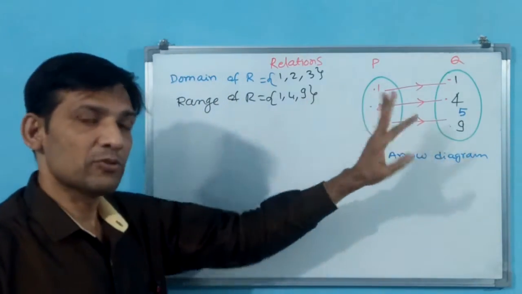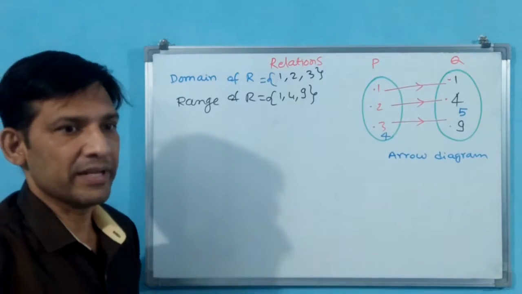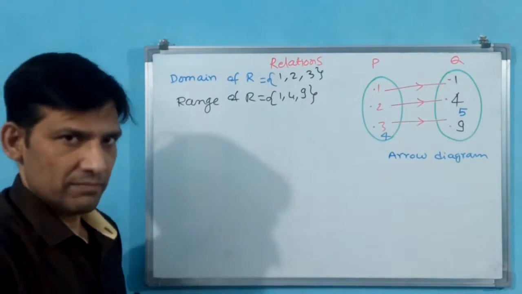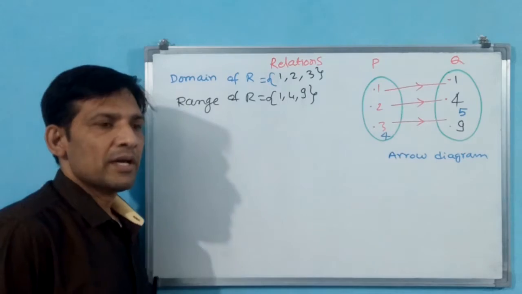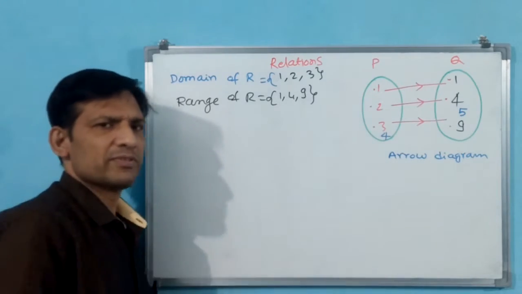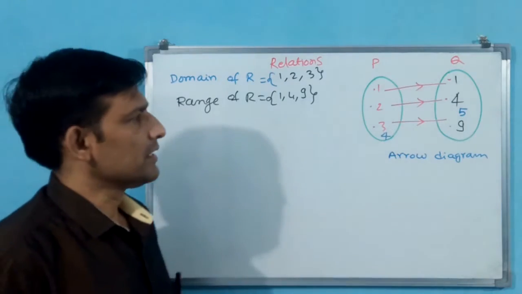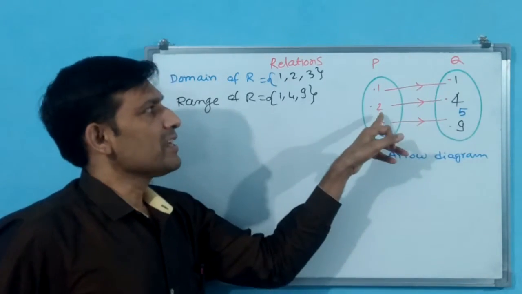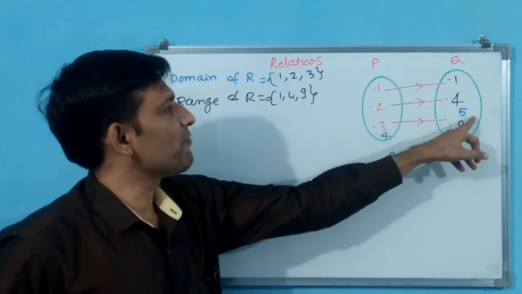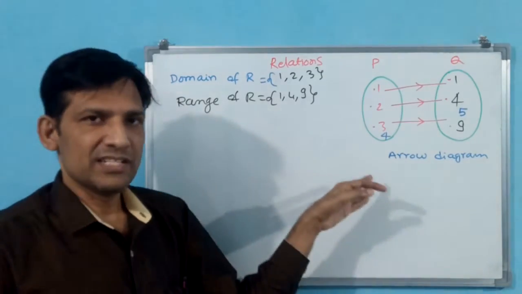Sometimes two elements may have a relation, that is a different case. We will see that while doing the exercise, such problems will automatically come. But initially, we have to understand the concept. 5 doesn't have any relation with P. That is why 5 doesn't come under range.